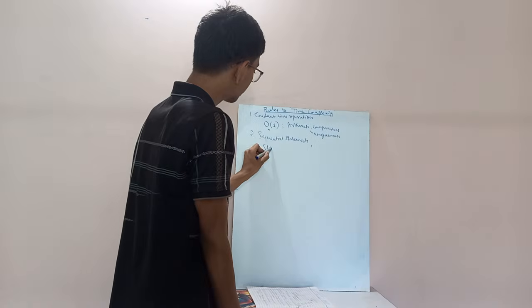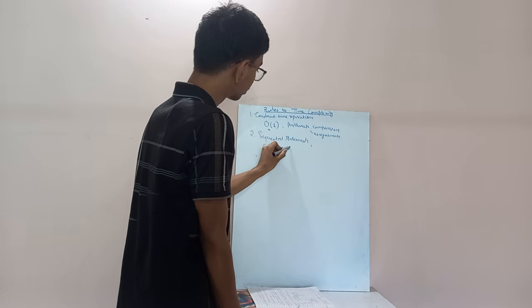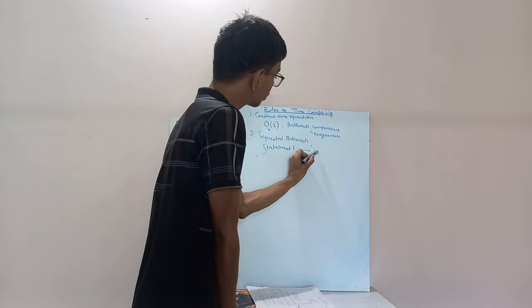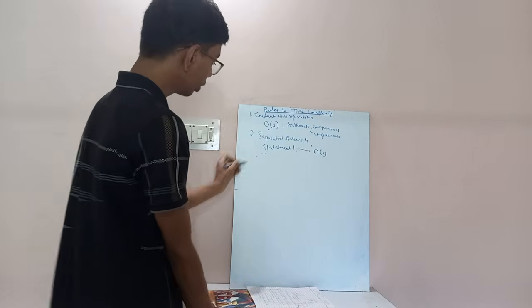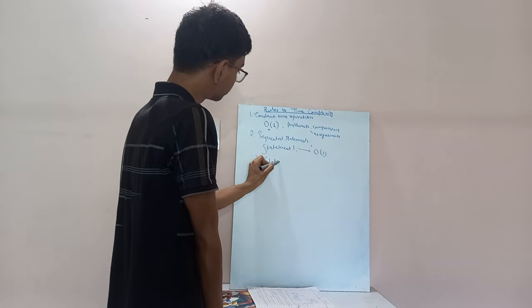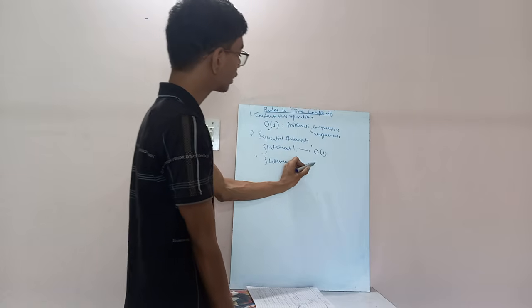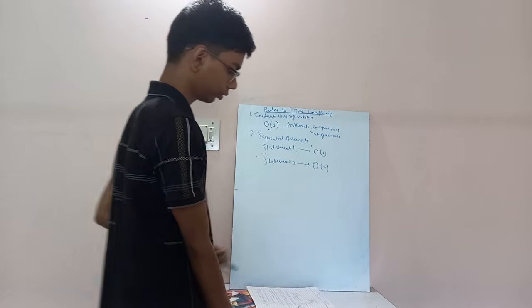Suppose I have a statement 1 and the time complexity of my statement 1 is order of 1. I have a statement 2 and the time complexity of my second statement is order of n.